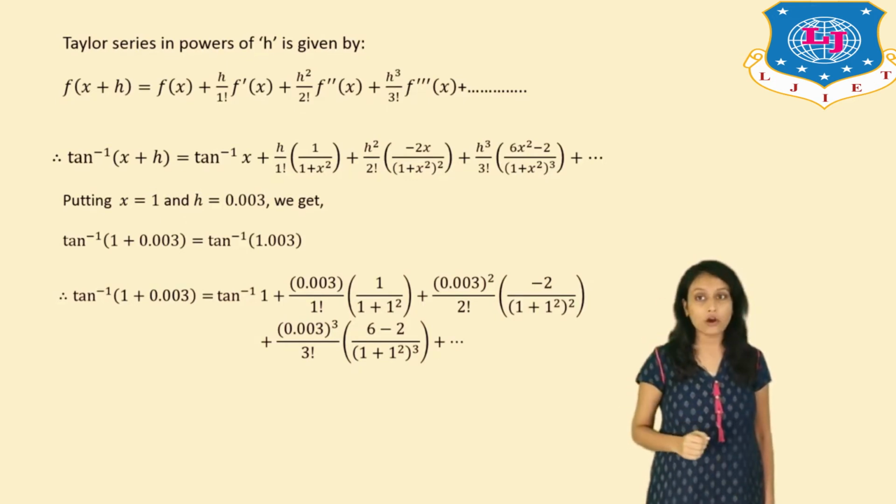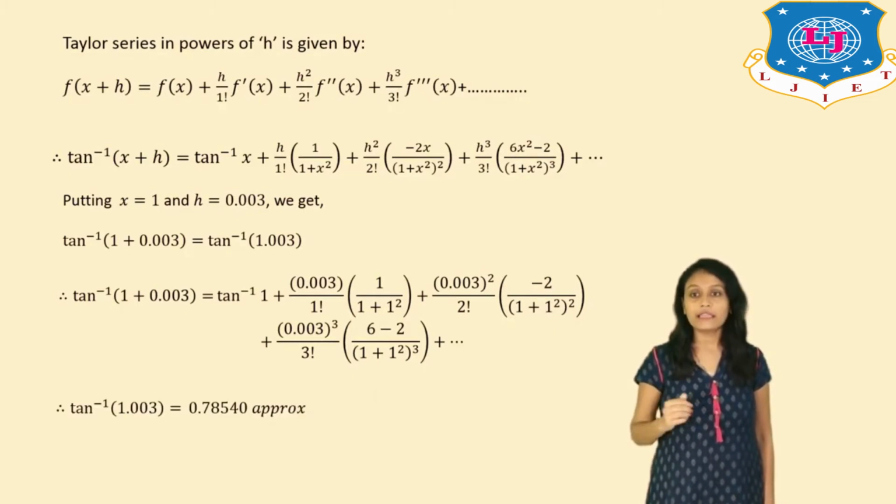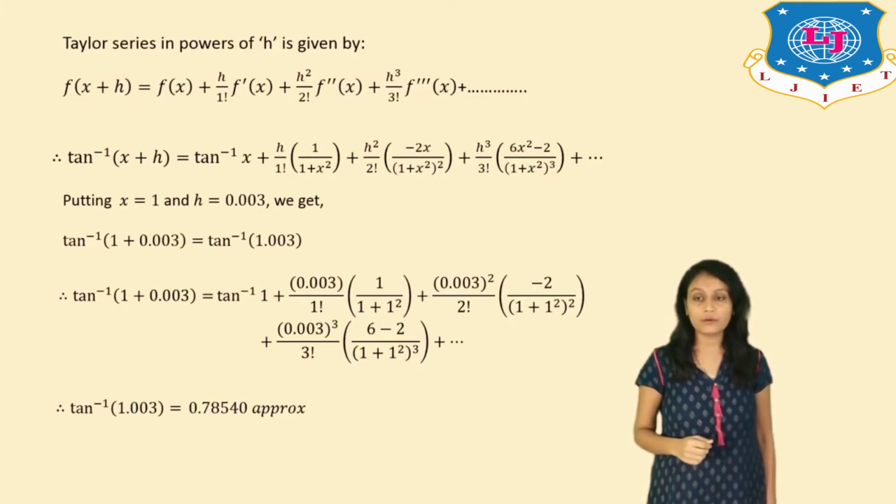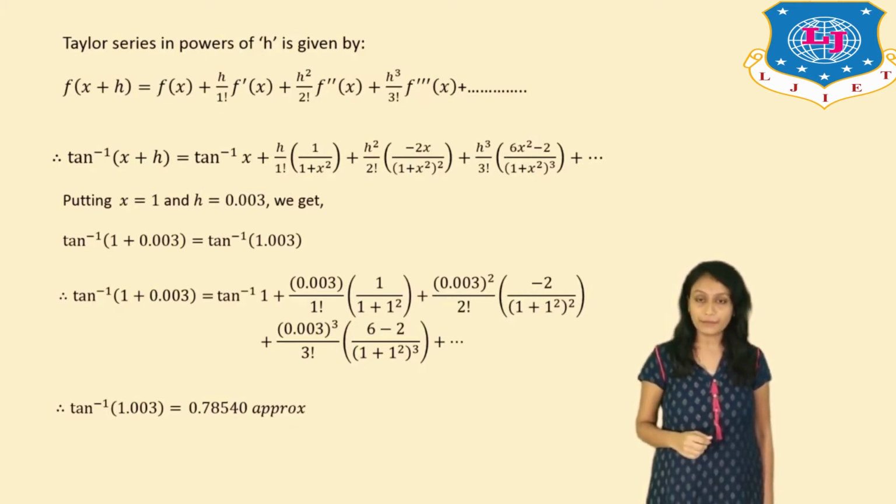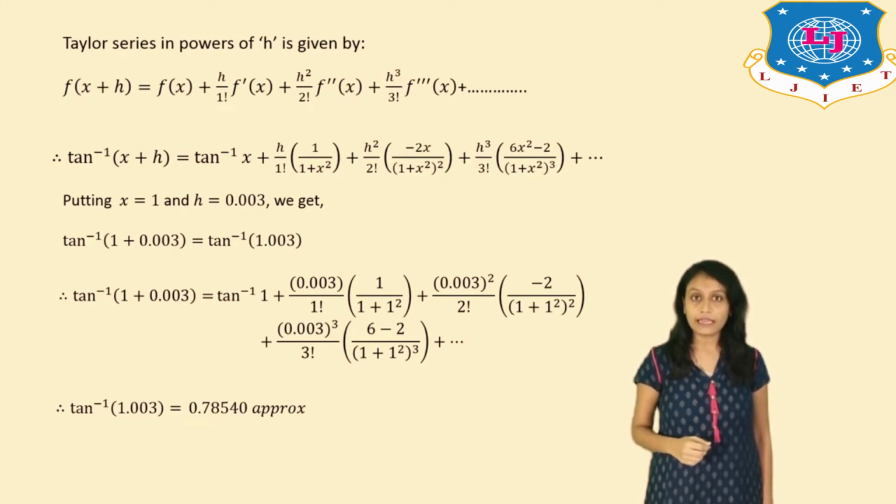Everywhere on the right-hand side you also have to substitute 1 in place of x and 0.003 in place of h, and just do the calculation to get the answer, that is 0.78540, which is the approximate answer of tan inverse 1.003. One thing you have to keep in mind is that your calculator should be in radian mode.